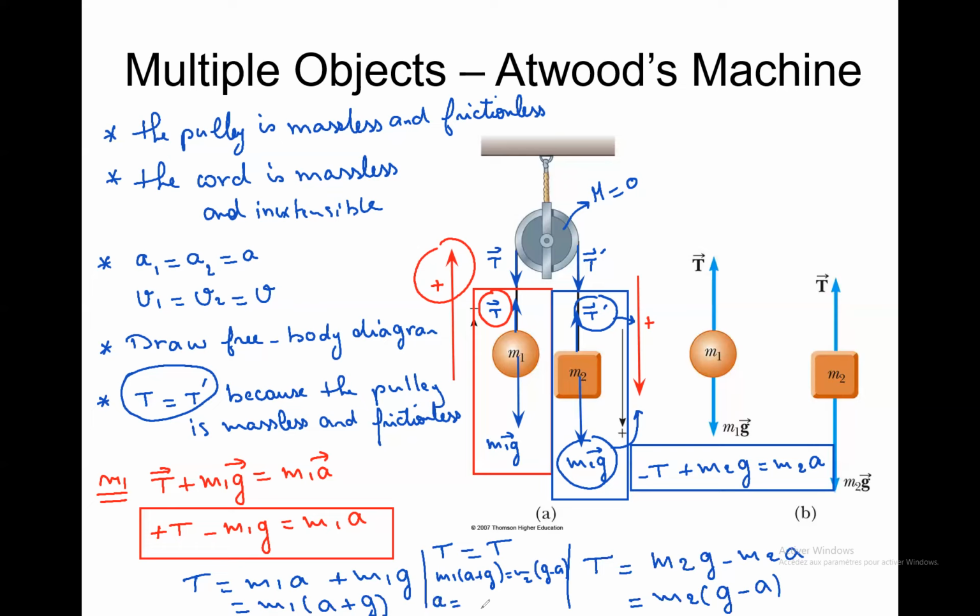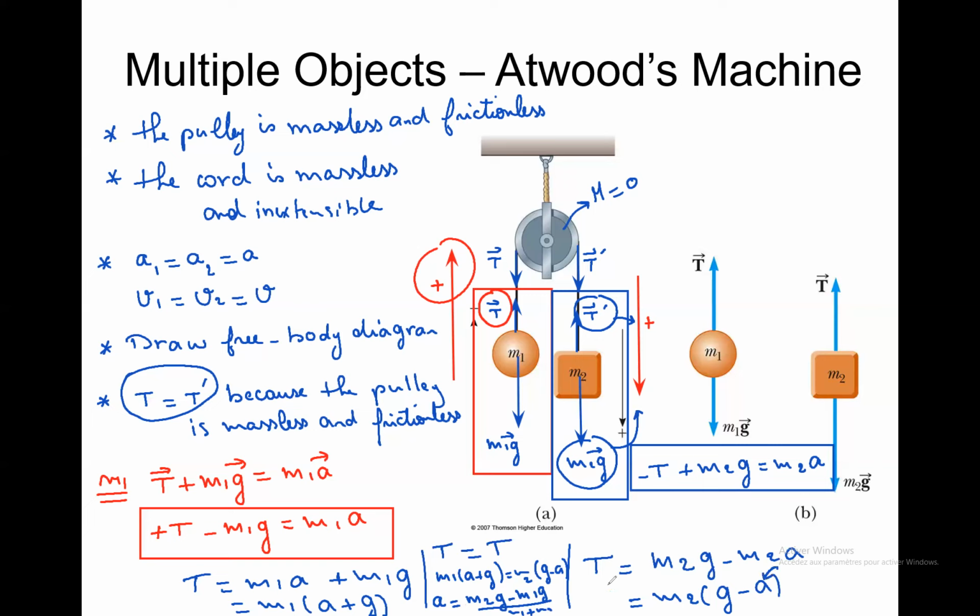Here a must be equal to (M2g minus M1g) divided by (M1 plus M2). This is a. We can substitute a by its value here.